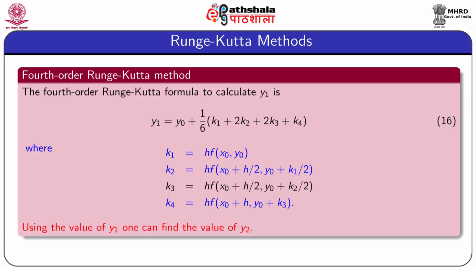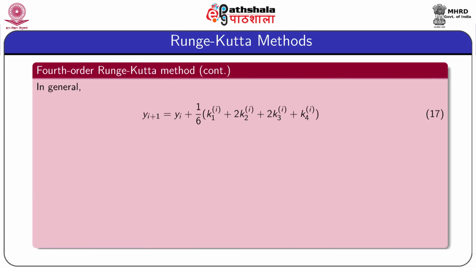Using the same technique we can calculate the value of y2 when the value of y1 is available. In general, the i plus 1 value, that means y(i+1), is given by the formula y(i+1) equal to yi plus 1 by 6 into k1i plus 2 k2i plus 2 k3i plus k4i, where k1i, k2i etc.